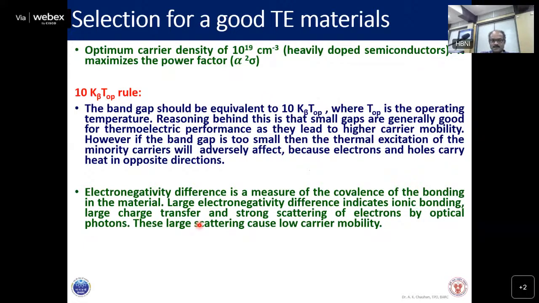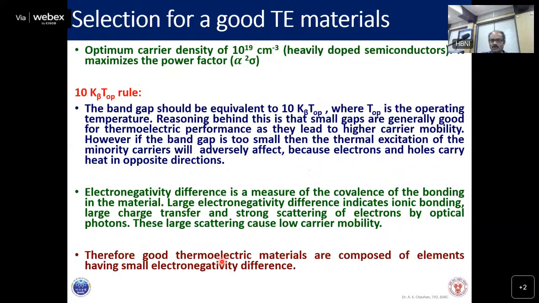Then there is charge transfer and strong scattering of the electrons by optical phonons. This large scattering causes low carrier mobility, and therefore good thermoelectric materials are composed of elements having a small electronegativity difference, and preferably should have covalent bonds.